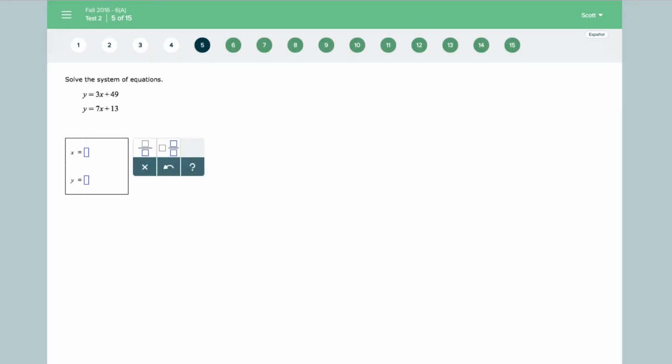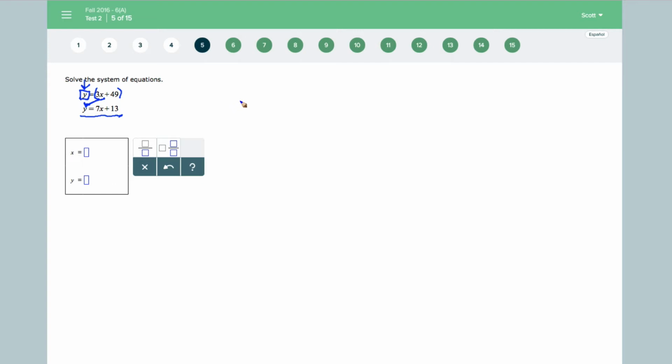And 5. This one, solve the system of equations. We have two of them that are currently solved for y. So that means I'm going to take this y, and what is y equals? y equals this right here. And I can plug that in right there for that y by rewriting this equation with parentheses wherever the y is. And I'm choosing the y because that's what I'm solved for.